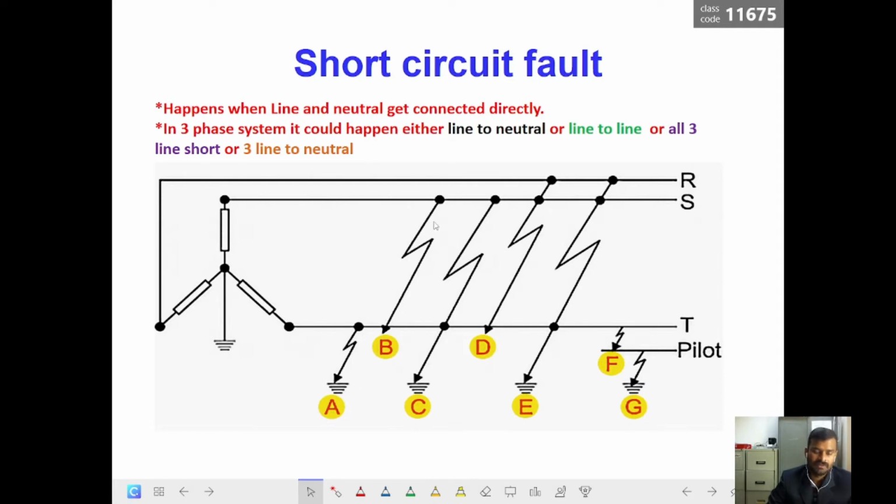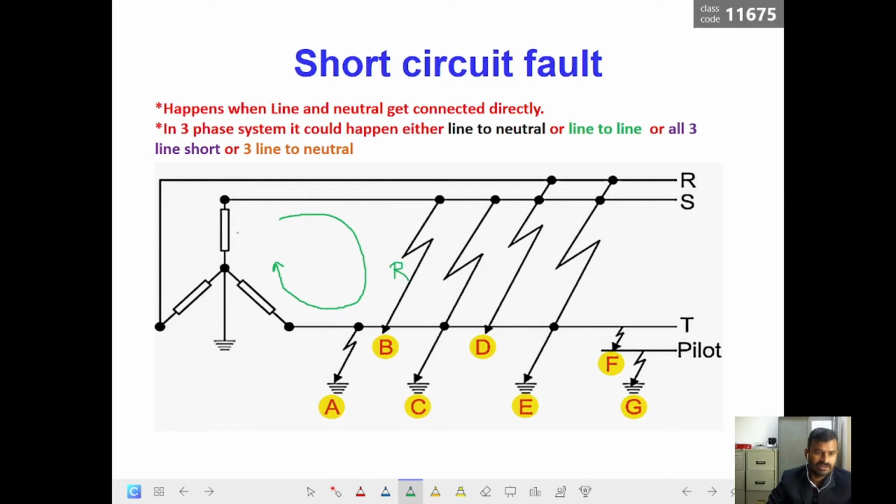The next, B, is a line to line fault. That means one line conductor touches another line conductor without any resistance. When we have this kind of fault, the current would circulate in this path between these two phases. When there is no resistance offered by this path, a huge amount of current will start circulating here.